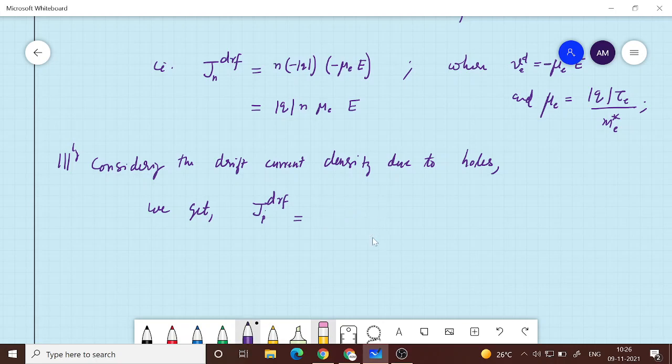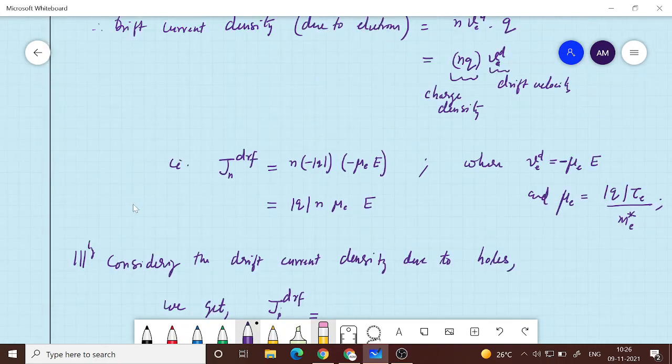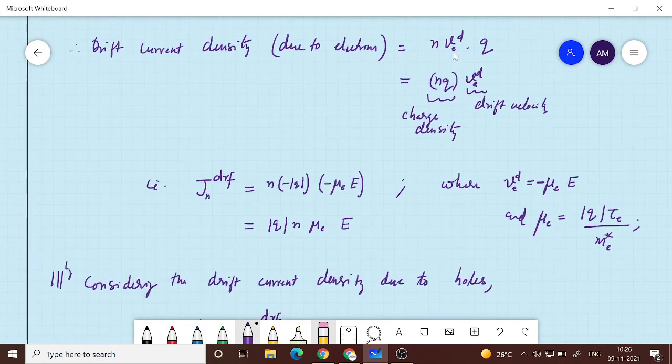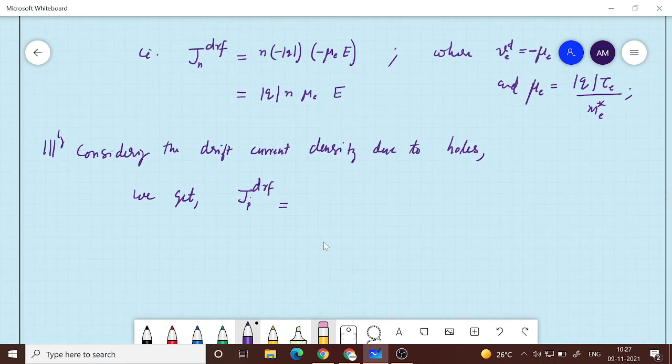So this expression n q V, here it is V H D, the drift velocity of holes.